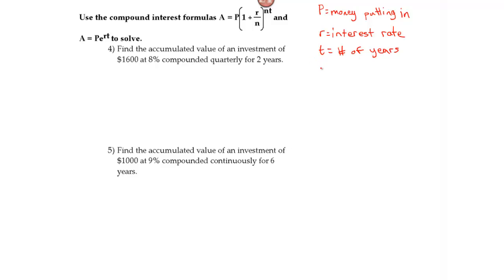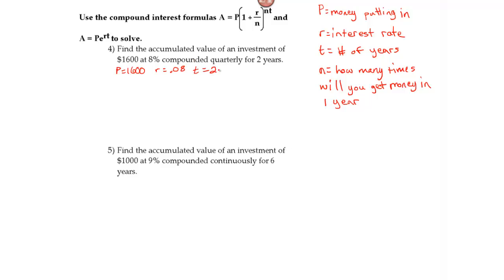And the thing that's difficult about these is N. N is how many times will you get money in 1 year. And I know that's kind of wordy, but to me that's the easiest way of thinking about it, is to ask yourself that. So P is 1600 in this problem. R is 0.08 when you change the percent to a decimal.